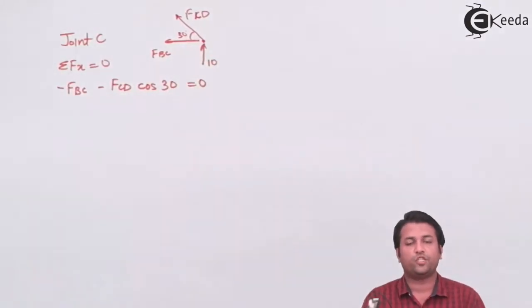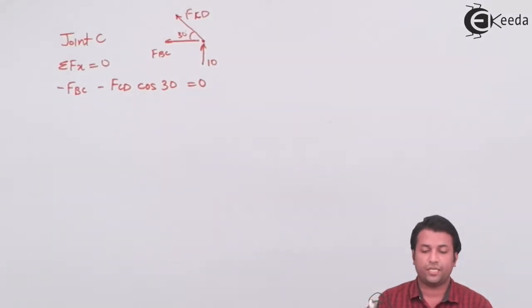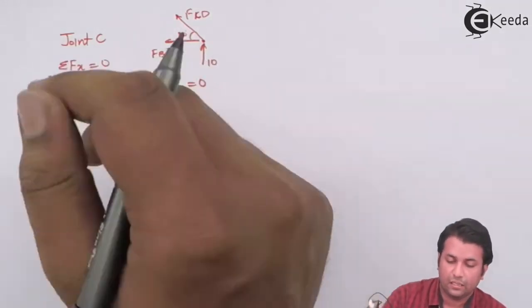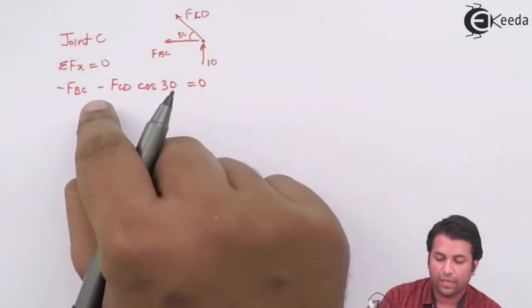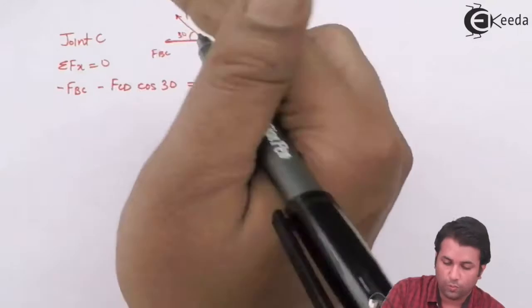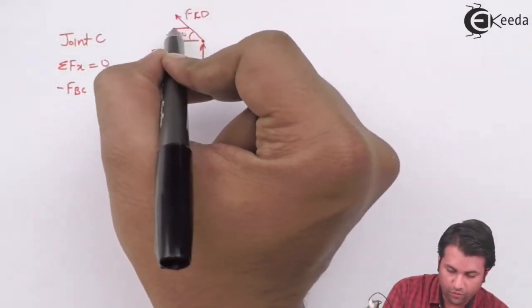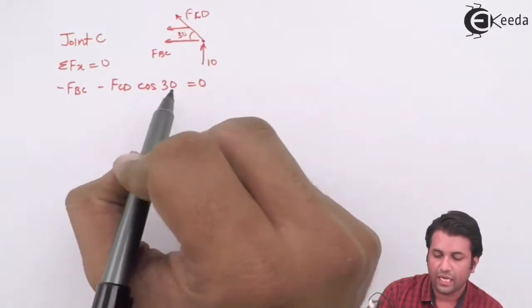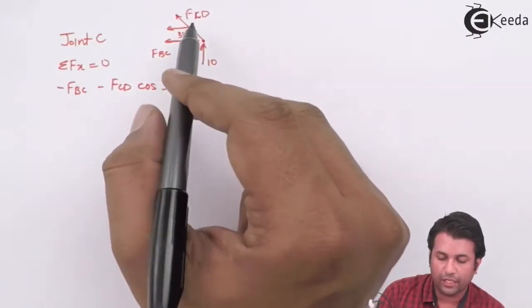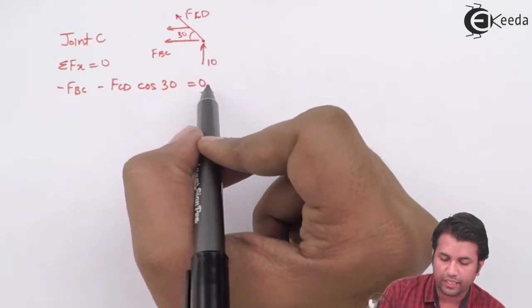So I have applied the condition of equilibrium in the horizontal direction and that is giving me the equation as minus FBC, that is this force, minus FCD, the horizontal component of the force CD that is going towards the left side as cos 30, and there is no other force in this case, so it is equal to 0.